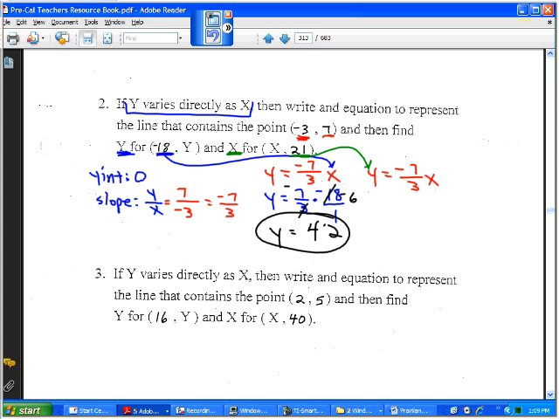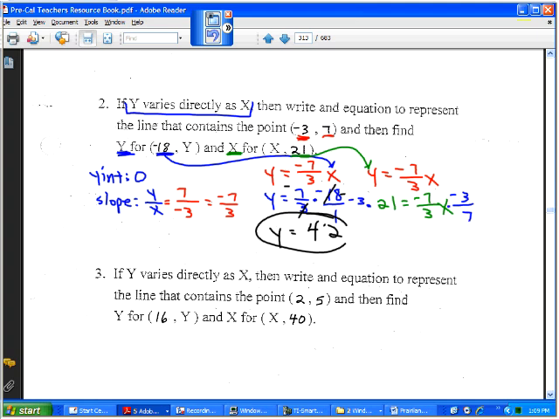Now we're going to plug in the 21 for the y, so we get 21 is equal to negative 7/3 x. You undo multiplication by division or multiply by the reciprocal, negative 3/7.